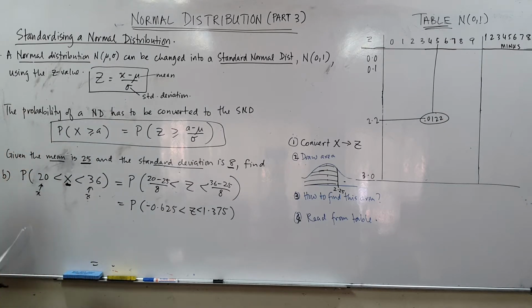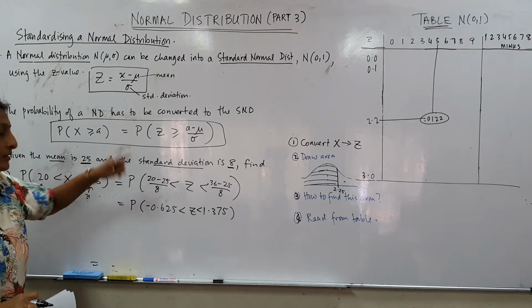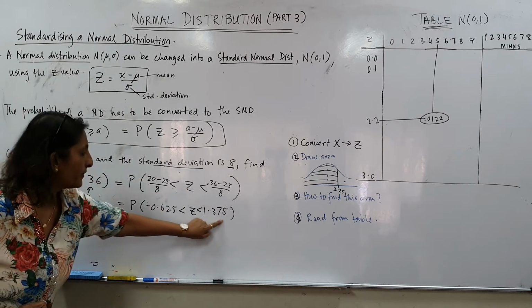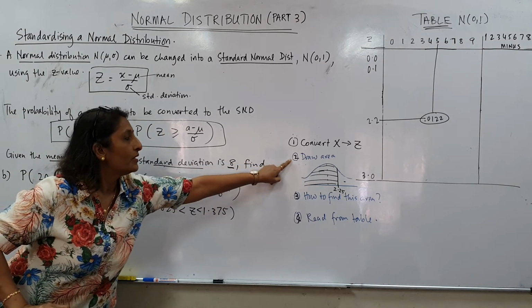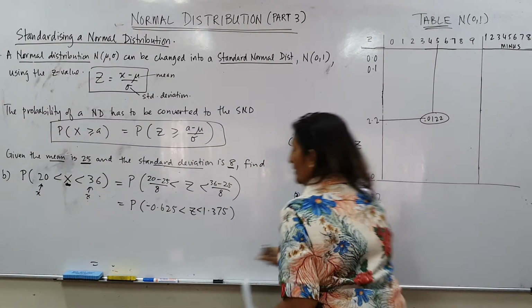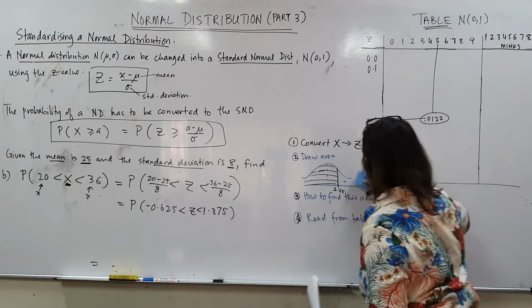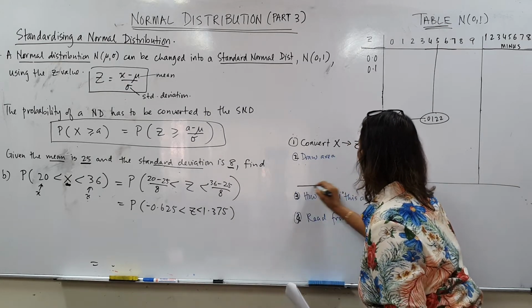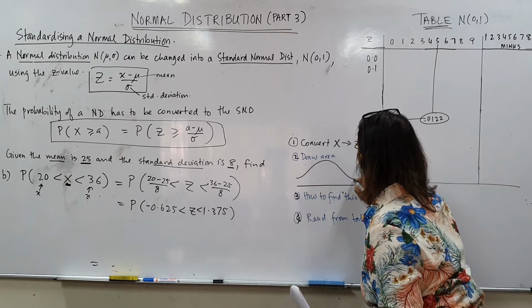Okay, you are done with step 1. You have converted a normal to a standard normal. Step 2 now. Step 2, draw and shade the area concerned. So we shall do it here. Okay, this is my curve.